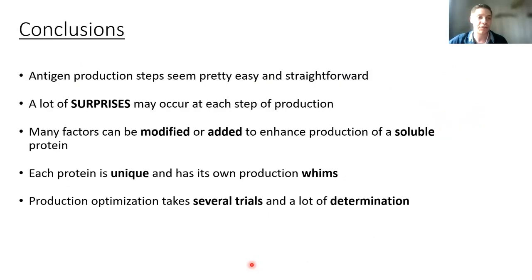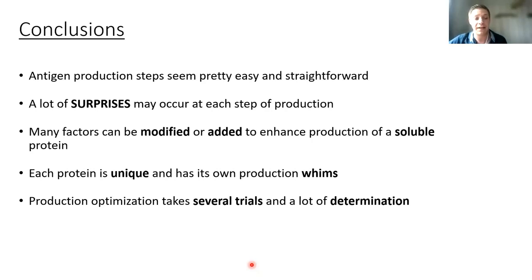As a conclusion, we saw that the antigen production steps seem pretty easy and straightforward when you look at them, but there are a lot of surprises that may occur at each step of your production. There are many factors that can be modified or added to enhance the production of a stable and soluble protein.